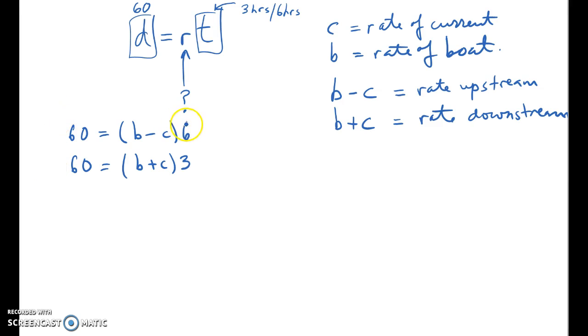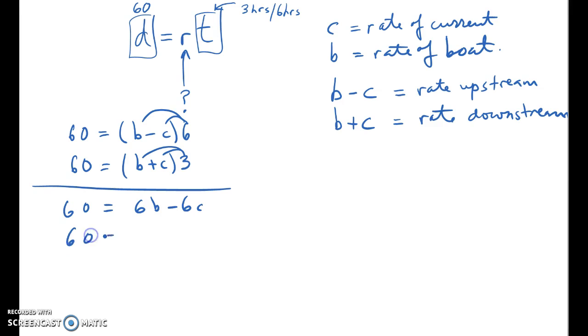Now, just to simplify so it looks like something you've seen before, we can distribute those numbers, and effectively we would get 60 would equal 6b minus 6c, and then 60 equals 3b plus 3c.